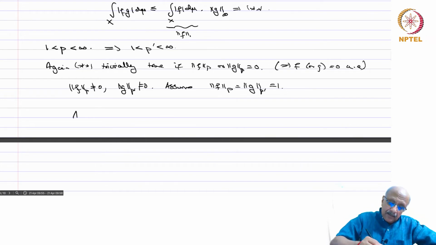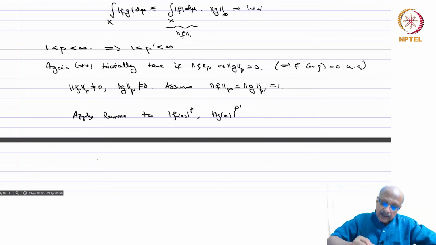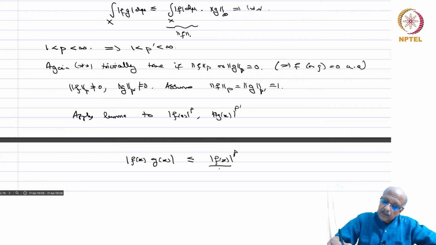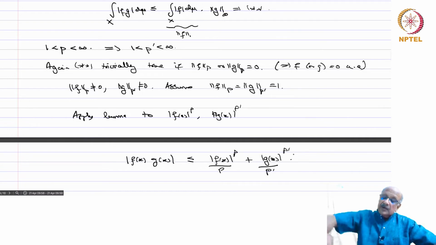Then apply the lemma to |f(x)|^p and |g(x)|^{p'}. Okay, then what will you get? You have |f(x)g(x)| is less than or equal to |f(x)|^p / p plus |g(x)|^{p'} / p'.